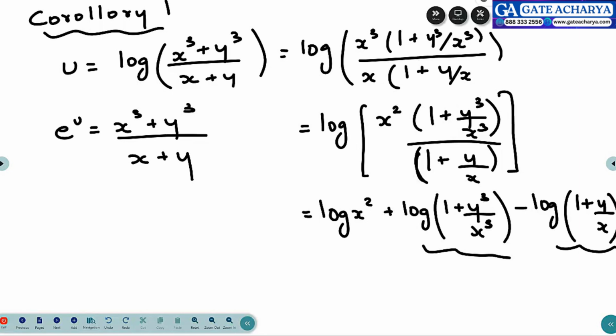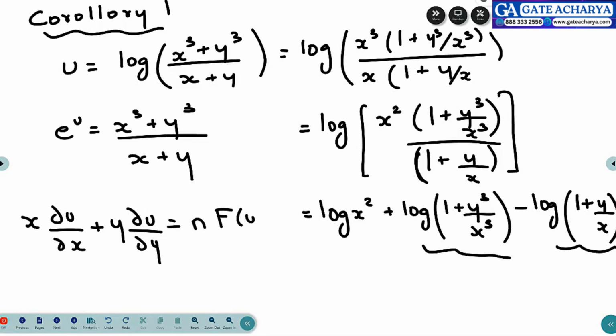Okay, if that is the case, then write down: x dou u by dou x plus y dou u by dou y equals n times f of u divided by f dash of u.